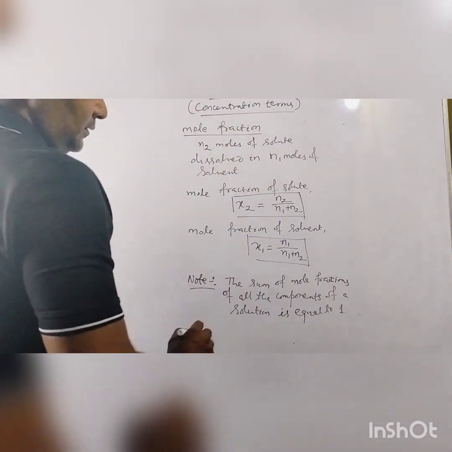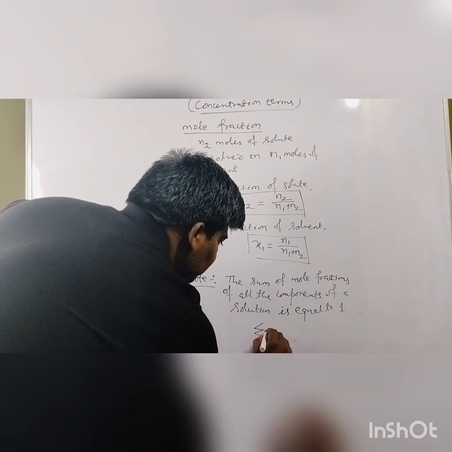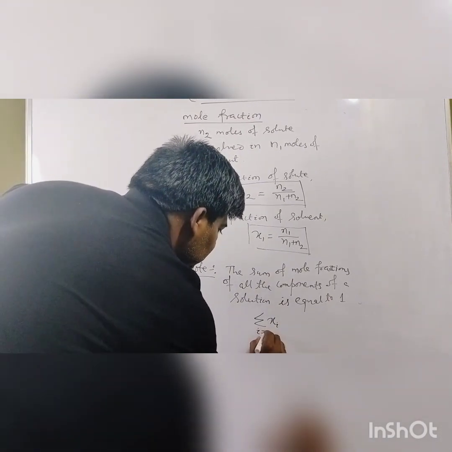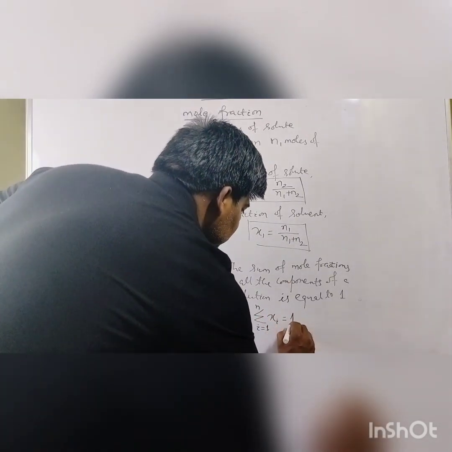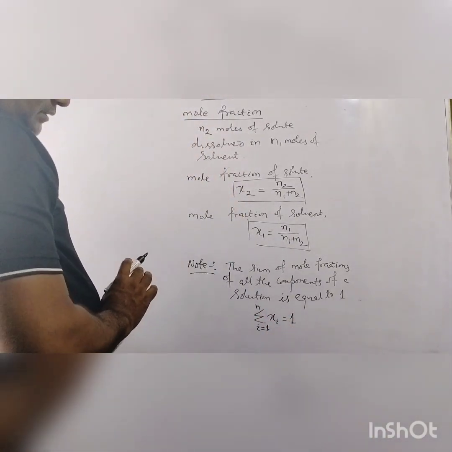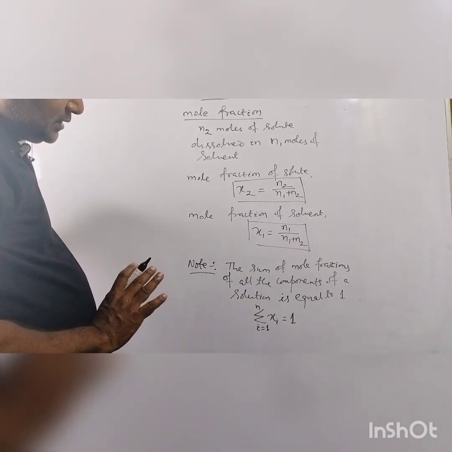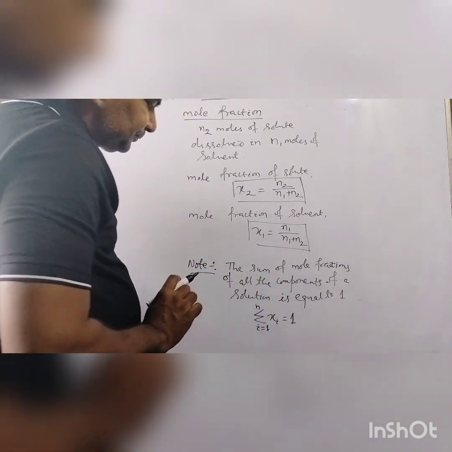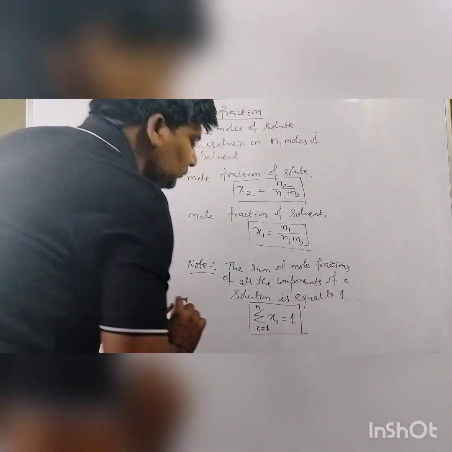Okay. So we can briefly note down like summation of xi, i from 1 to n, is equal to 1. That means if there are n components of a system, the summation of mole fraction of all the n components is equal to 1.